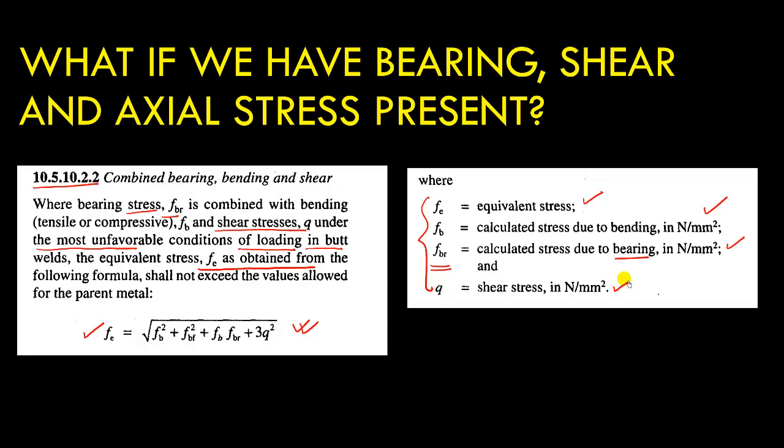In that case we calculate the equivalent stress, or we can also calculate the equivalent force if we multiply the stress by the equivalent area, that is the throat thickness times the length. Now we will illustrate how we calculate the equivalent stress inside the weld using an example.